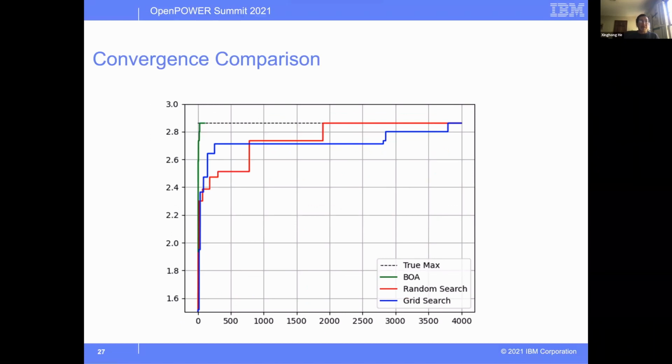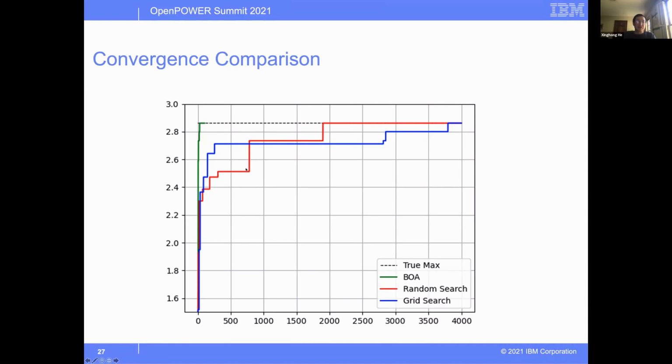And this is a comparison between the grid search and the random search with BOA. So again, this black dash is the true maximum, and the blue is the grid search. Grid search means we look from the very first data point and compare them one by one, and if you search through the whole space, you get a solution, which is this blue line.